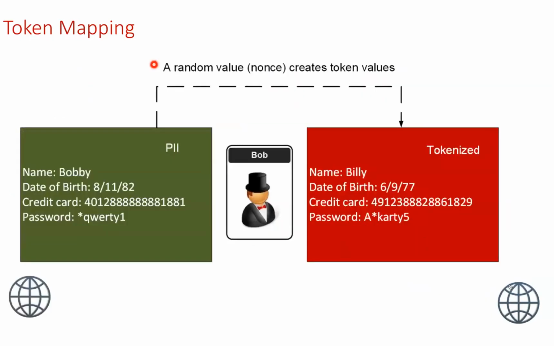An interesting area is what's called format preserving encryption. In this case, we can actually make our encryption look like it's actual valid data. So we can take a credit card, we can create a random nonce to be able to encrypt, or a passphrase, and it comes out as a value that looks like a credit card number.